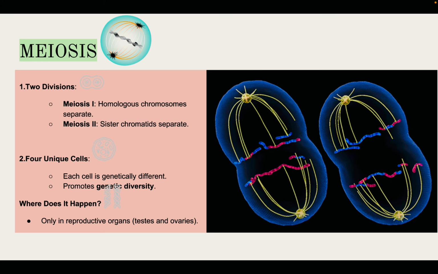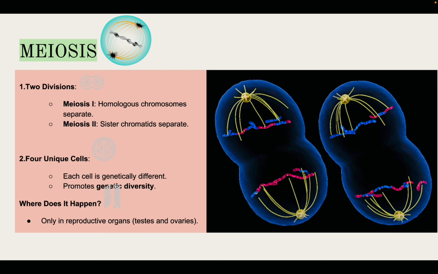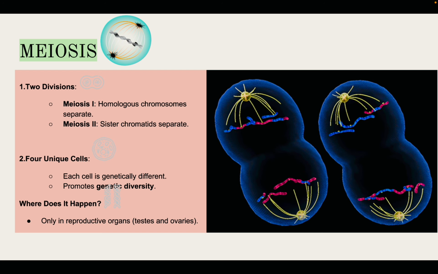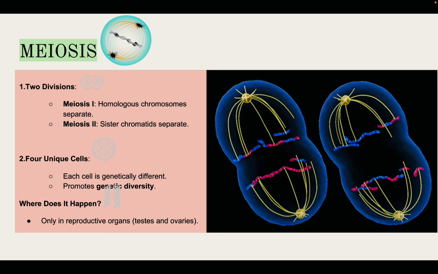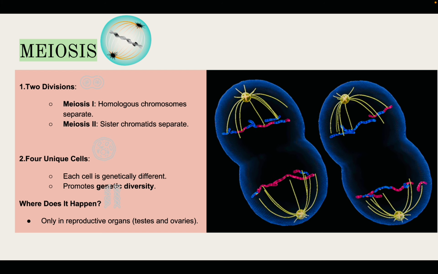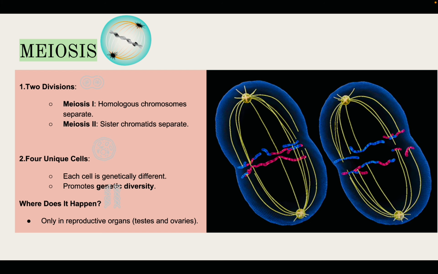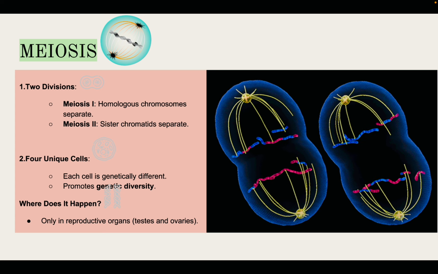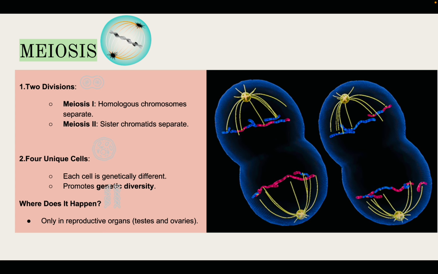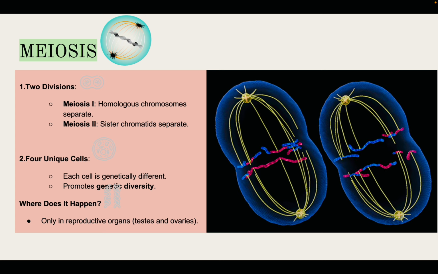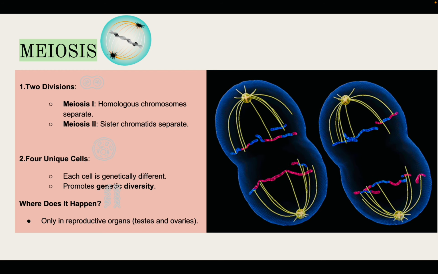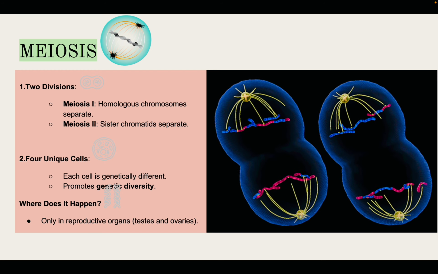And this results in 4 unique cells, each with half the number of chromosomes as the parent cell. So it's 23 in humans. Meiosis happens only in reproductive organs. Its main purpose is to create genetic diversity, which is why siblings from the same parent can look so different.